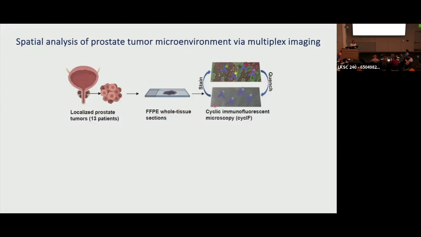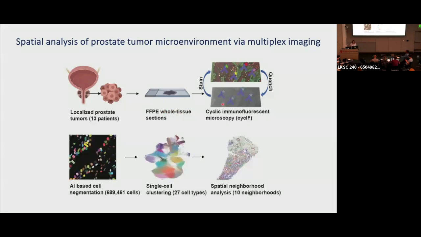After staining, imaging, and quenching tissue sections for 10 rounds, we obtain approximately 40 markers from a single tissue section. Using AI-based segmentation algorithms, we obtained almost 700,000 cells, which were classified into 27 cell types using multi-step clustering approaches. We identified 10 distinct cellular neighborhoods using these cell types and their location across all clinical groups.